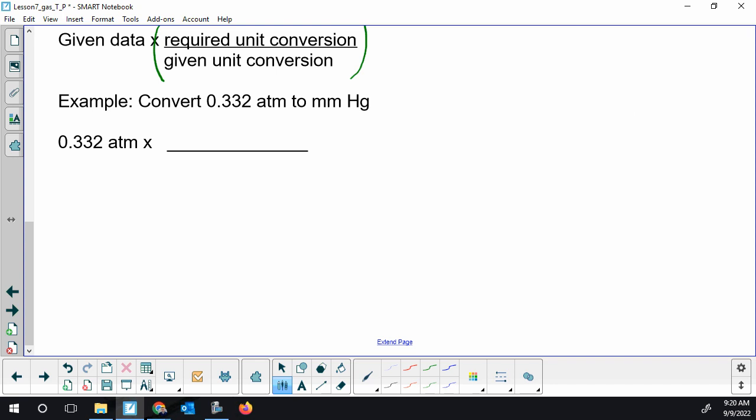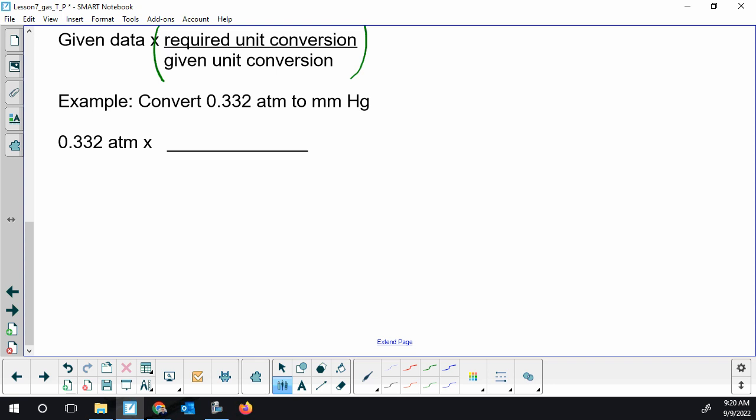Okay. So I'm going to use this method to convert about 1/3 of an atmosphere to millimeters of mercury. So I've already typed out the given data, that close to 1/3 of an atmosphere. The required unit conversion goes on the top.